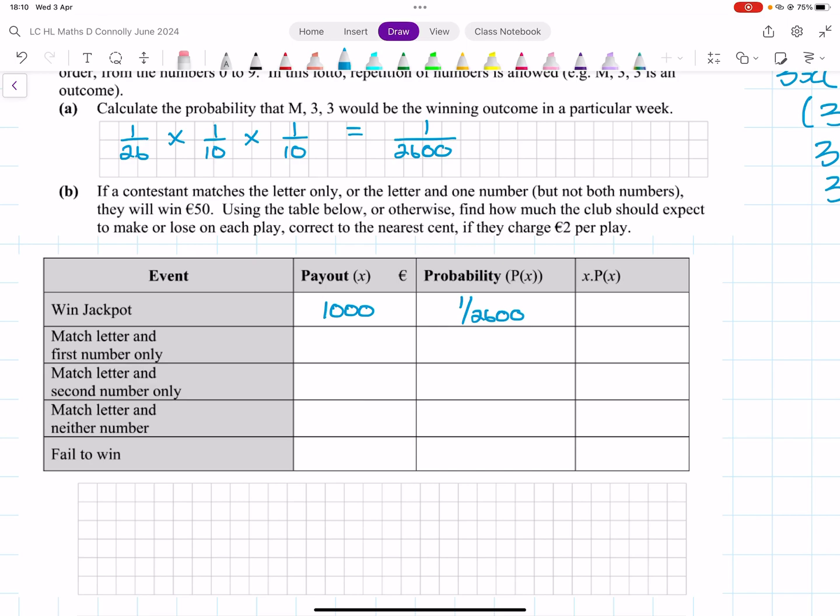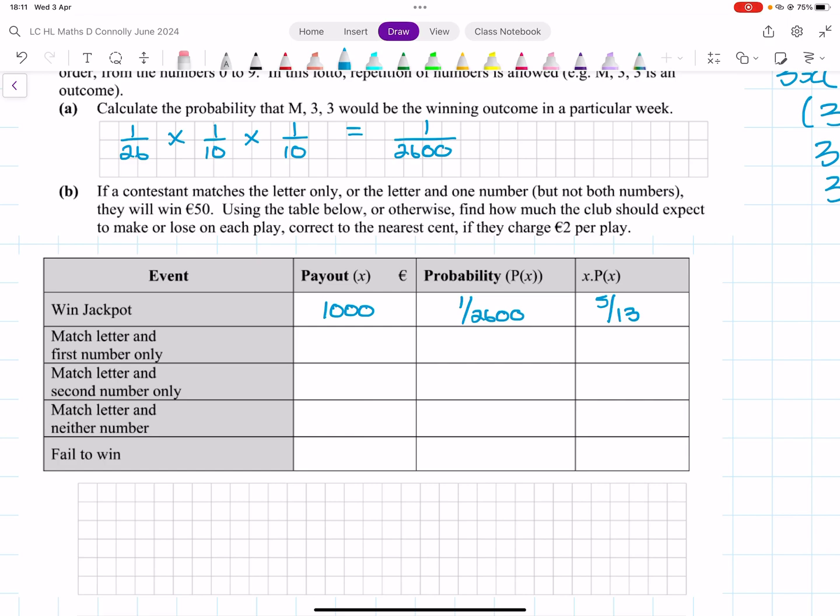Actually, I'm not going to round in between. I'm going to leave it as a fraction, and I'll round at the end.